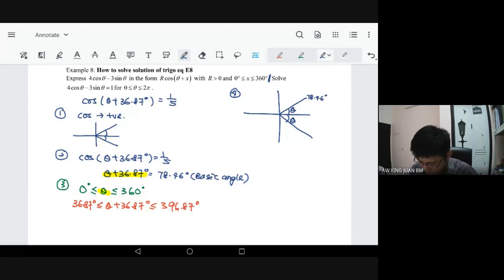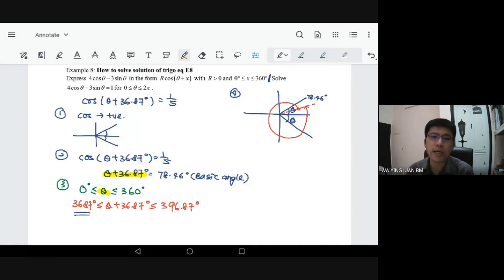So 36.87 is straightforwardly below the 78.46. So let's say here is the situation, or we can say the starting point. So mula dari sini bergerak sampai ke sini, dia hanya 360 sahaja. So teruskan.